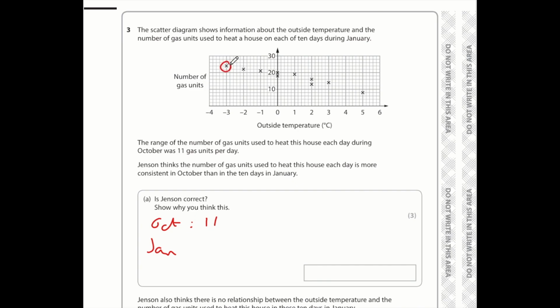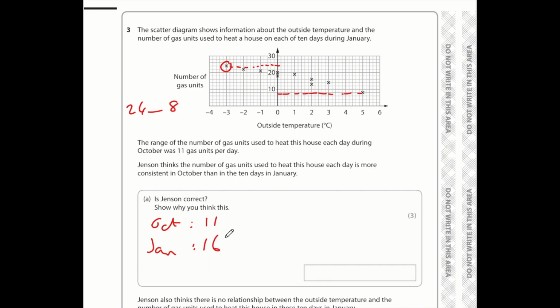So what is the value here? And what is the value here? To go from 10 to 20 with 5 lines, that means each line represents 2. So 20, 22, 24. So the range is going to be 24 minus, this one here is 1 line below 8. 24 take 8, so that is 16.